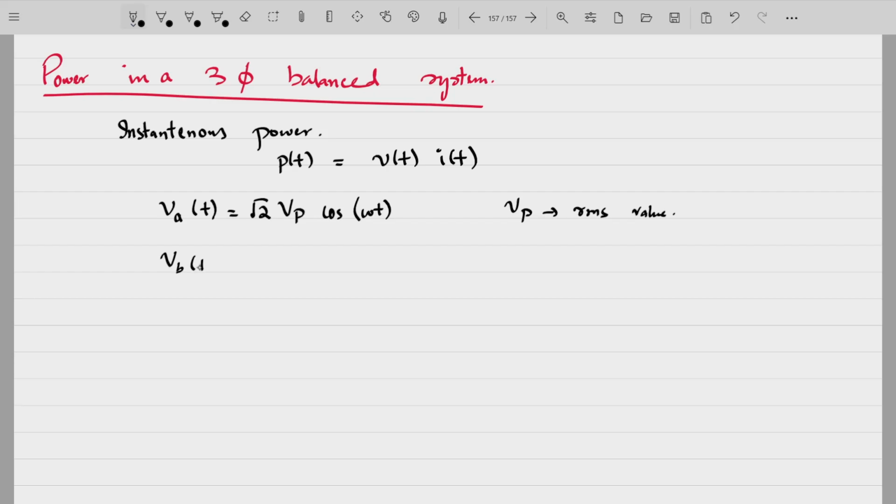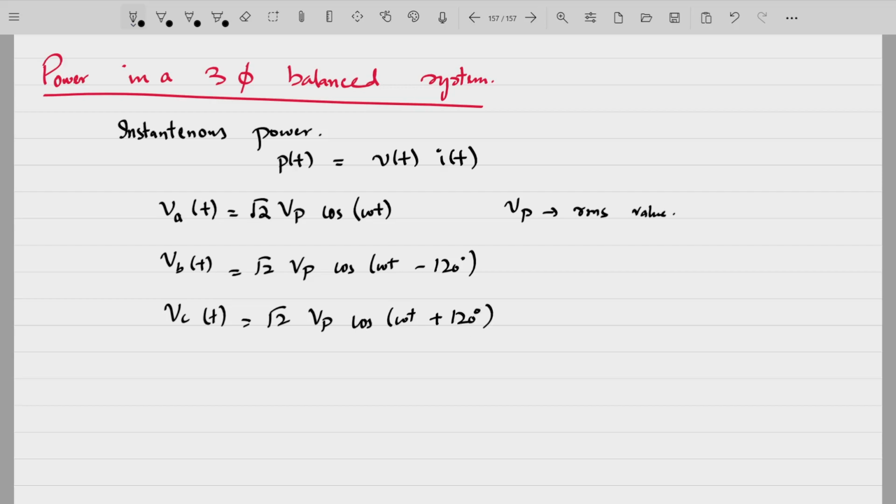In a similar fashion, Vb will be root 2 Vp cos of omega t minus 120 degrees, and Vc(t) will be equal to root 2 Vp cos of omega t plus 120 degrees. So this is the sinusoidal representation, or the time domain representation, of these three voltages.